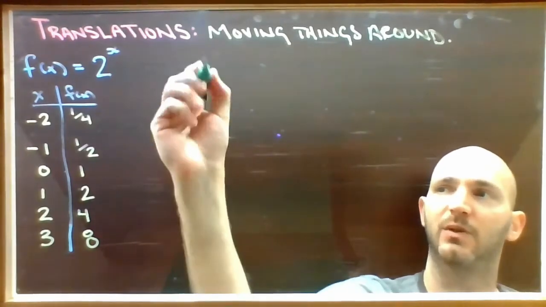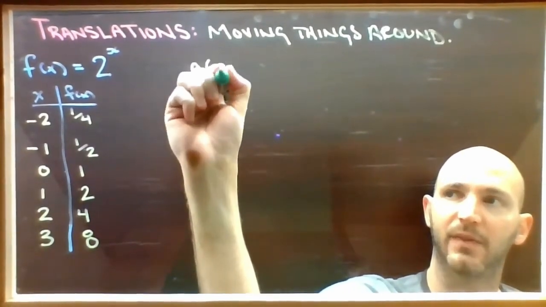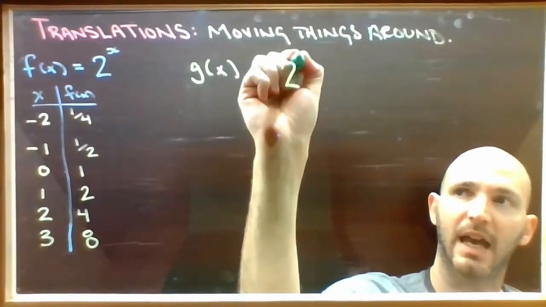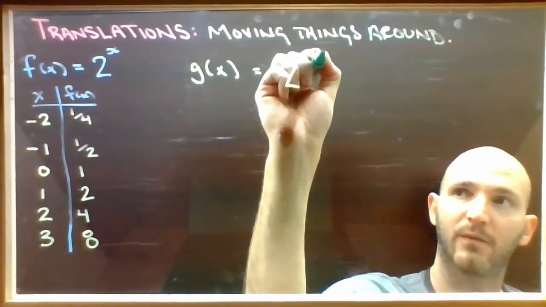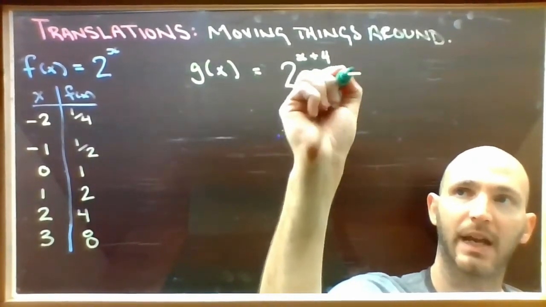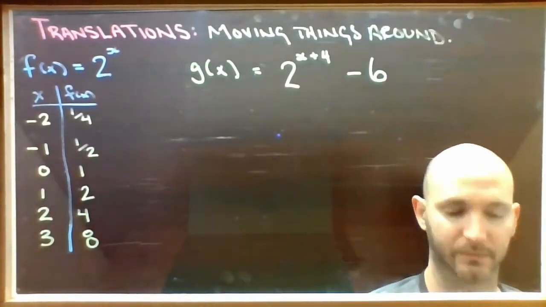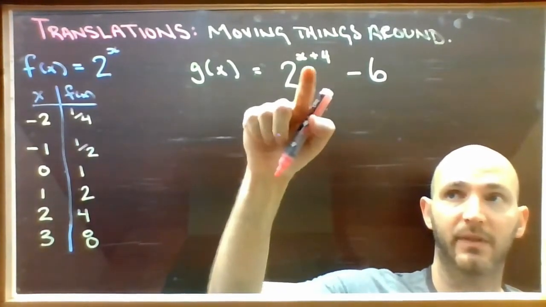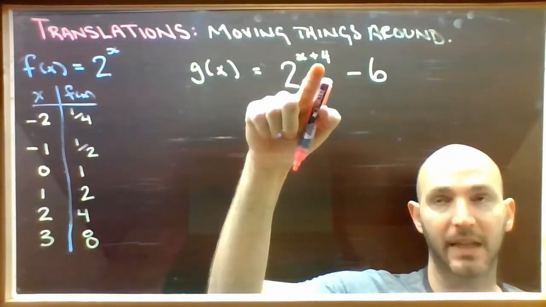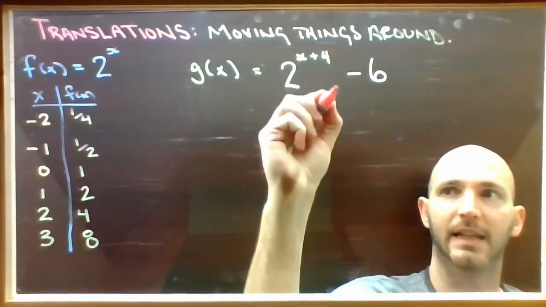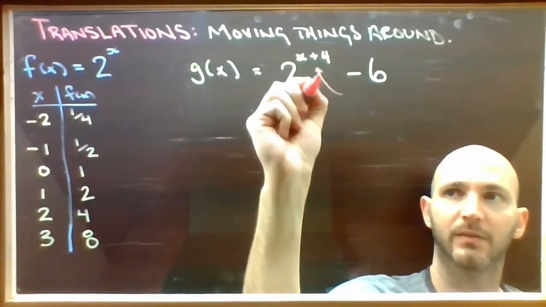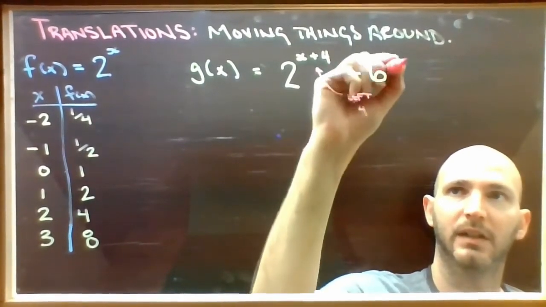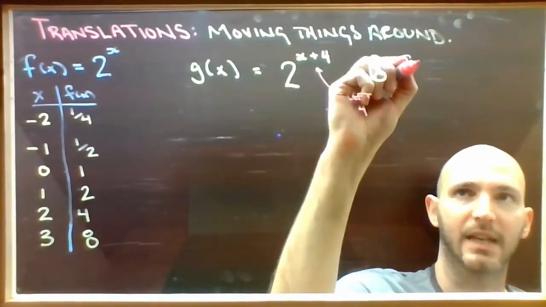So let's do g as a function of x is 2 to the x plus 4 minus 6. So a positive inside the operator is a leftward shift. So I'm going left 4. And a negative outside is a down 6.